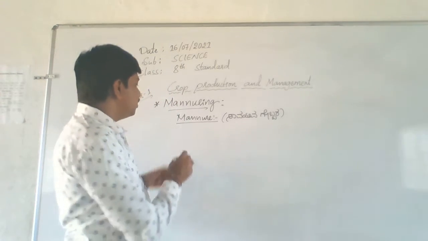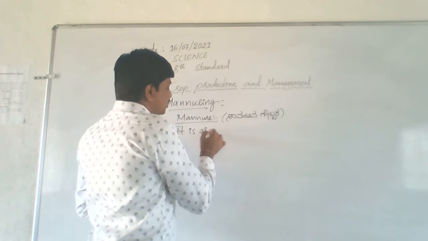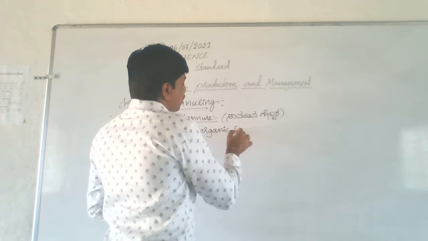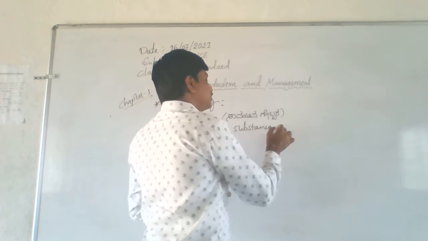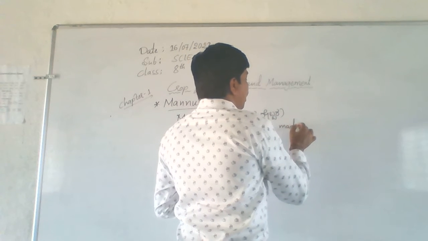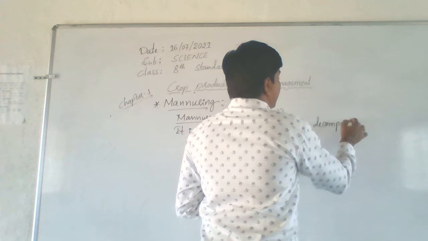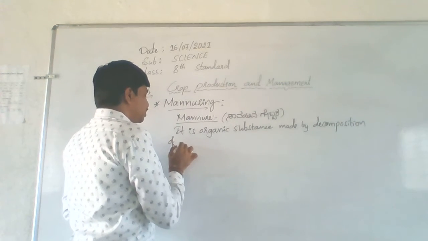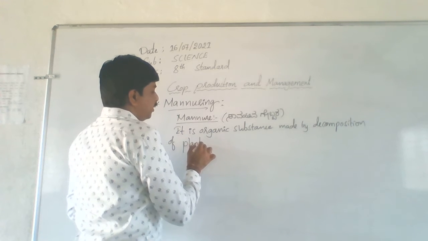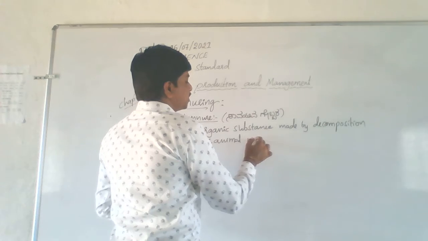Manure means an organic substance made by decomposition of plant and animal wastes.